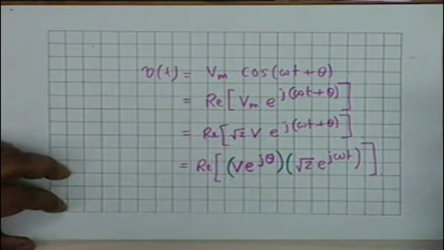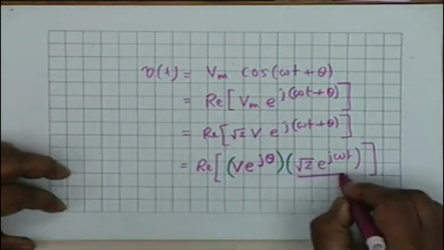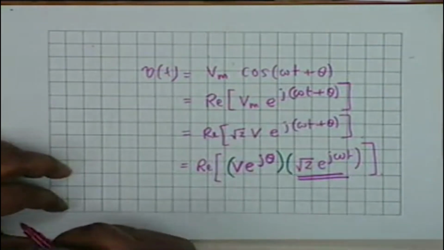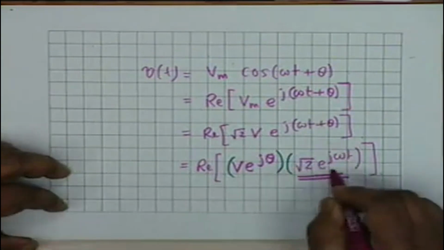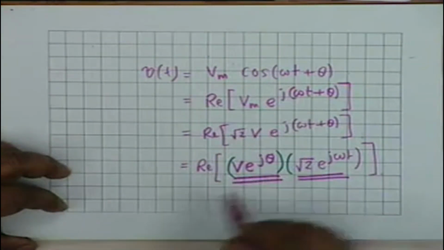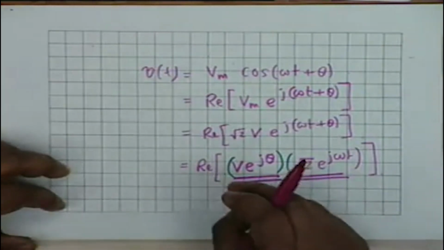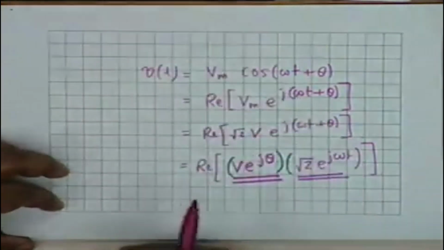And therefore all currents and voltages shall have this as the common factor, root 2 times e to the j omega t. All currents and voltages in the circuit shall have this. Therefore this quantity V e to the j theta is as if an identifying factor for the voltage V of t.